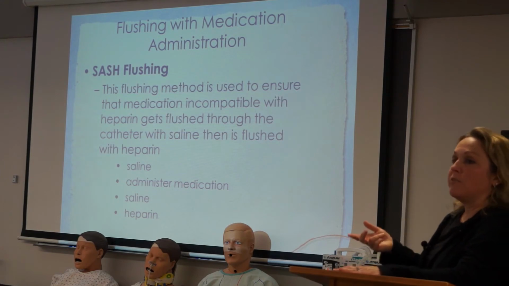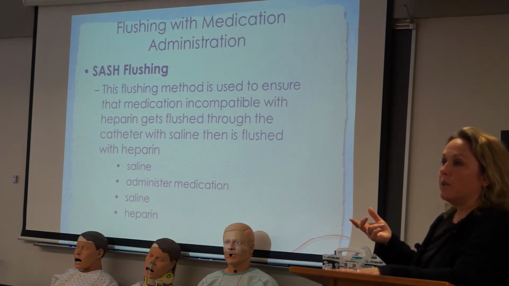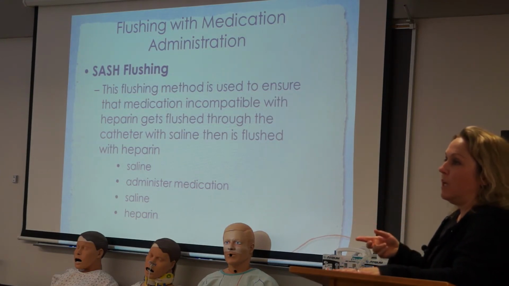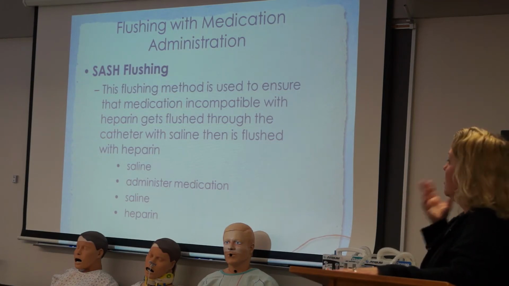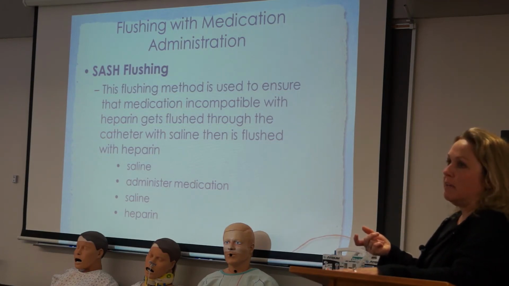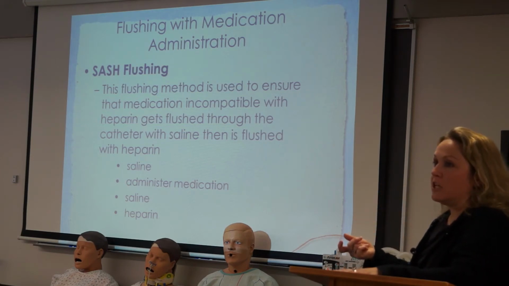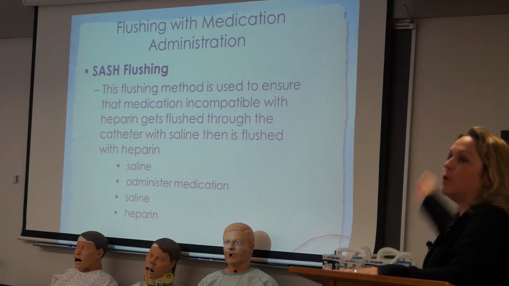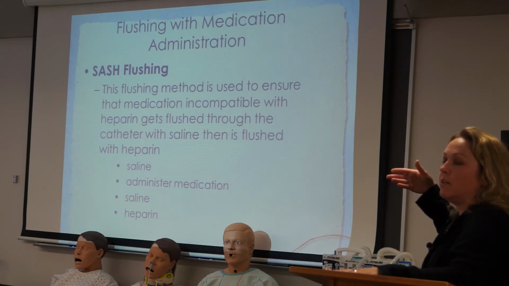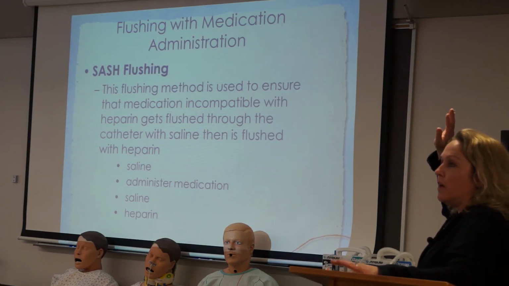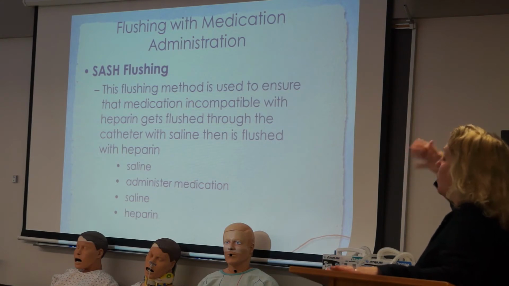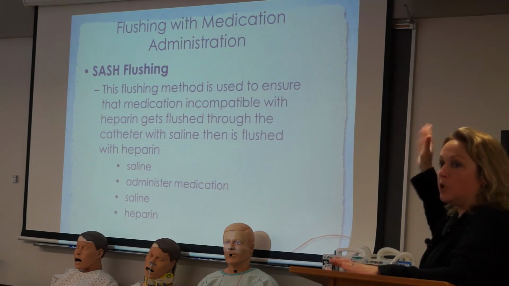Then you're going to administer whatever medication you want to be giving. So maybe you're going to give them some morphine or some other antibiotic. You administer that medication, you push that in. Then you're going to give some more saline to flush the medication out of the line. Then you can hook them back up to their maintenance IV. Or if they're just heparin locked, then you put your heparin in.